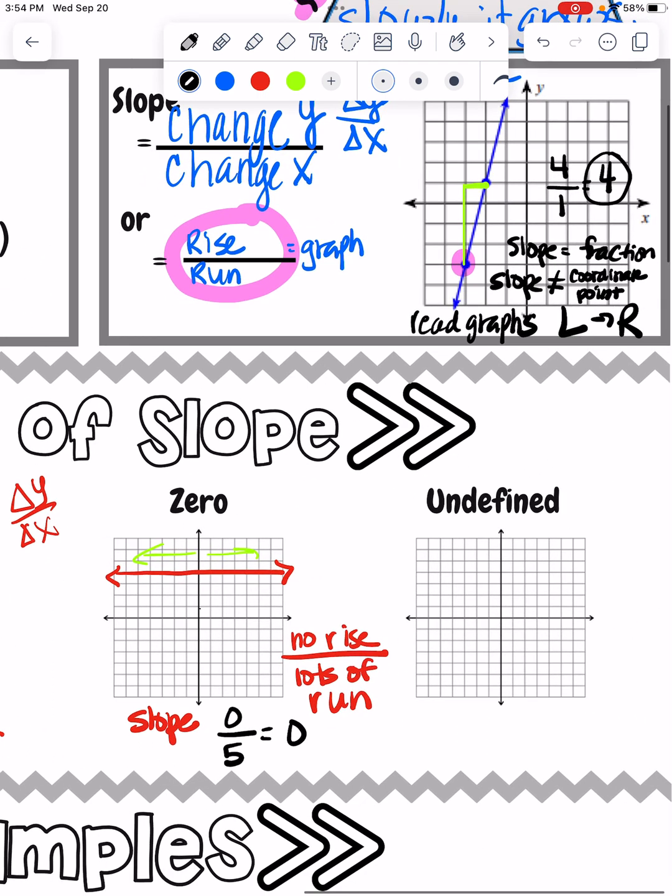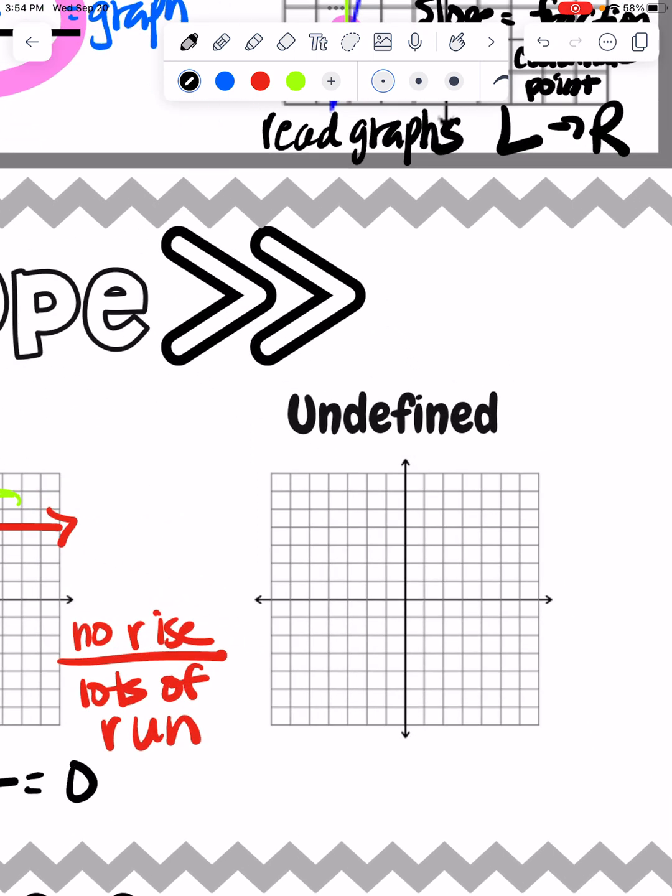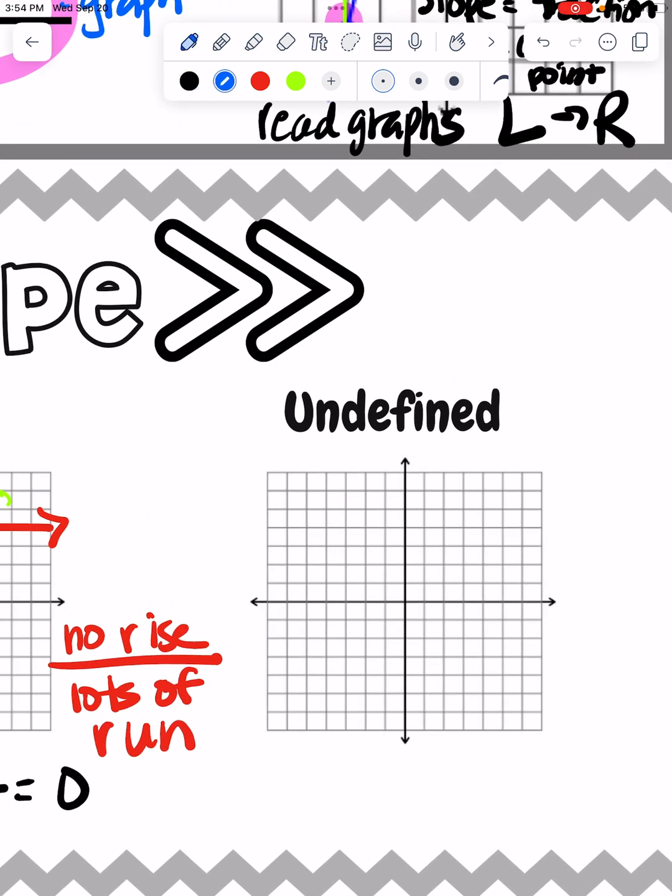And if we look at undefined, undefined will be a vertical line going up and down. This one will have lots of run and it will have no rise.